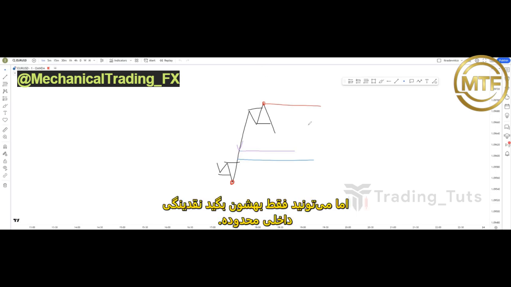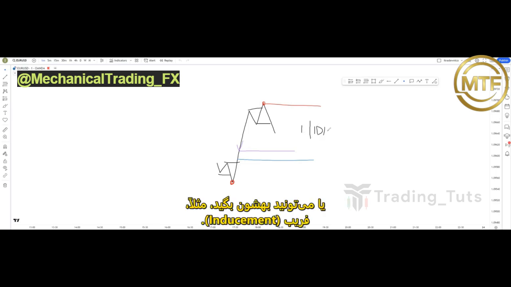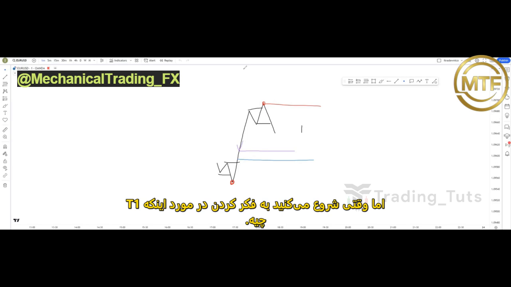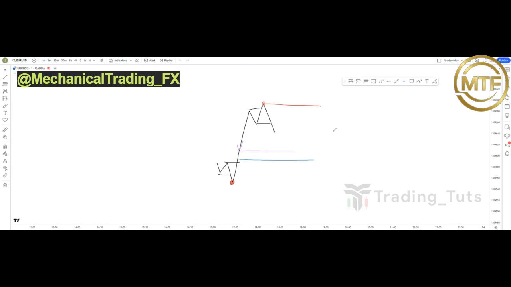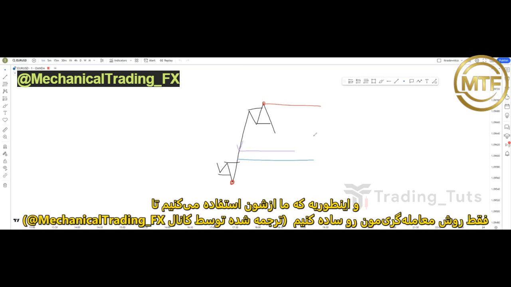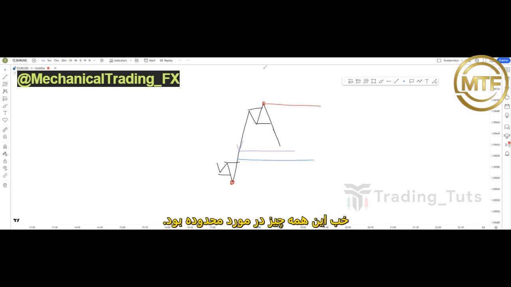But you can either call them internal range liquidity, or you can call them, let's say, inducement, right? They are the exact same thing, but when you start thinking about what a T1 is and a T2 is, it just clicks straight into your mind. And that's how we're going to use them to simplify our way of trading. So that's all for the range. See you in the next one.